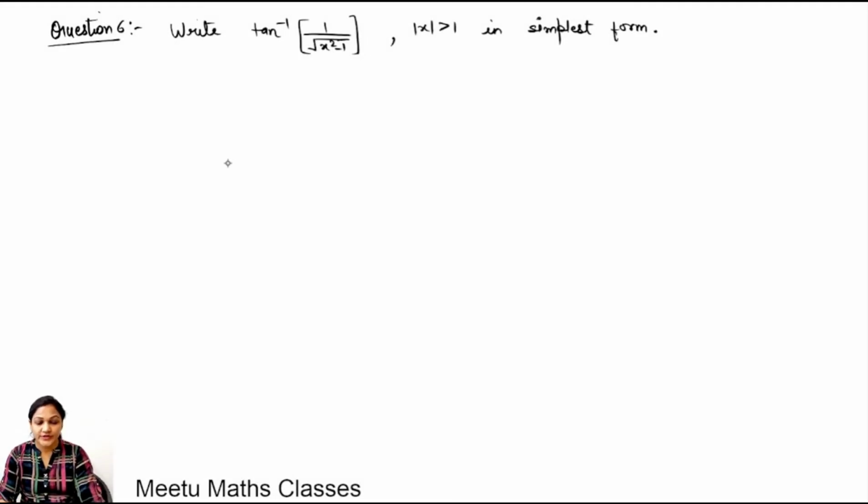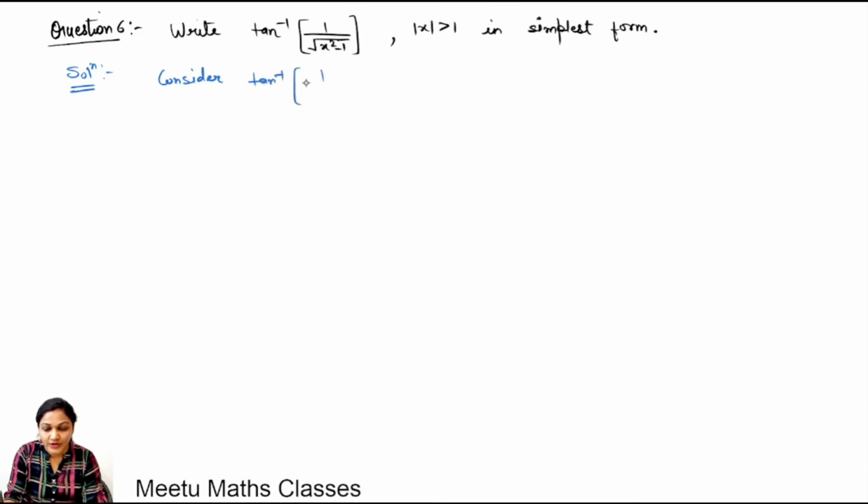Now your next question is question number 6. Write tan inverse of 1 upon square root x square minus 1, where modulus of x is greater than 1, in simplest form. Now consider your function, that is tan inverse of 1 upon square root x square minus 1.